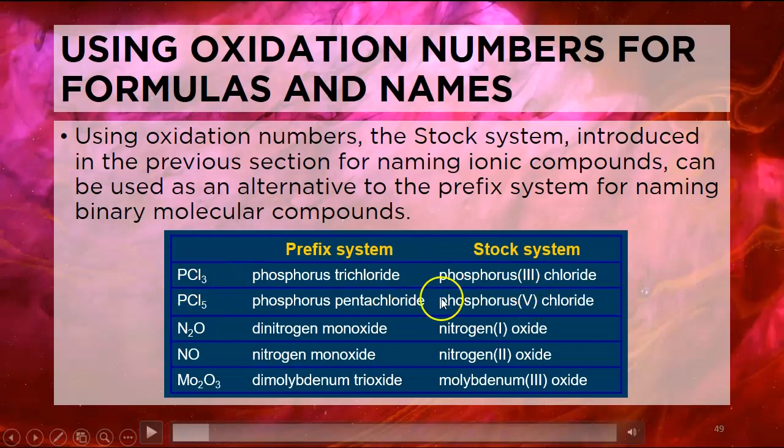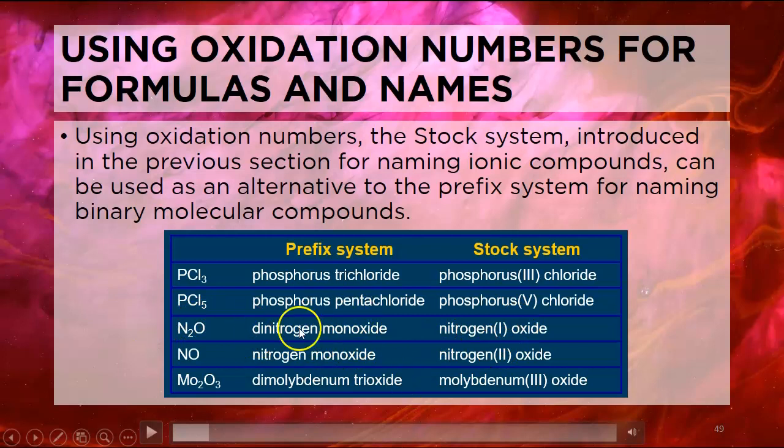So then we can call it, instead of phosphorus trichloride, phosphorus 3 chloride. Like I said, I will tend to use these prefix system names like we tested on, but you can use the stock system. Same idea with PCl5. We got +5, so it's phosphorus 5.